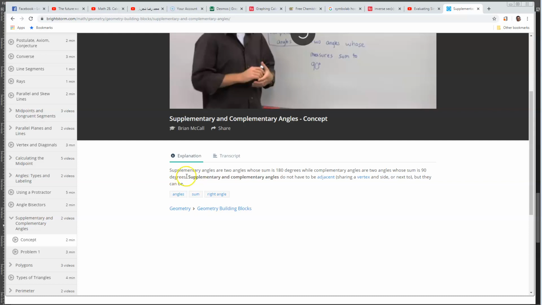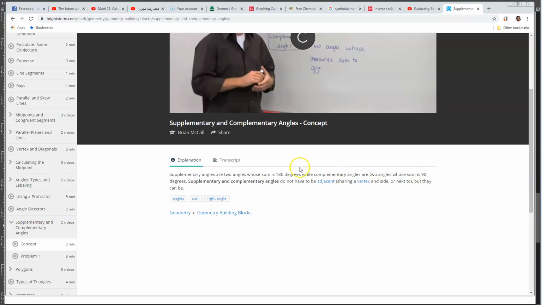Supplementary angles are two angles whose sum is 180 degrees, while complementary angles are two angles whose sum is 90 degrees. Supplementary and complementary angles do not have to be adjacent or share a vertex and side, but they can. Now this is of course no good explanation, at least the last part.